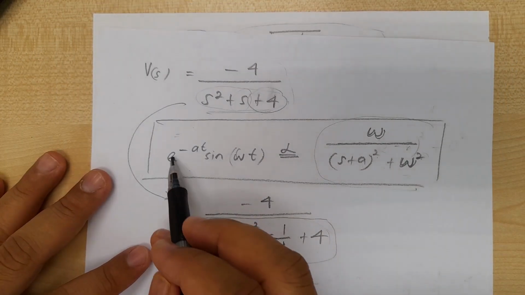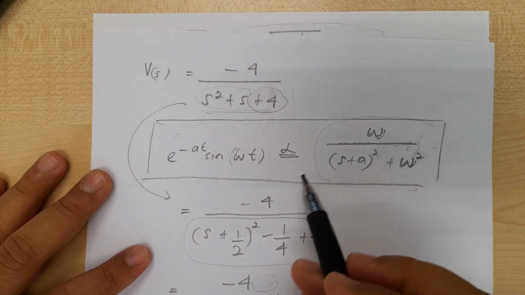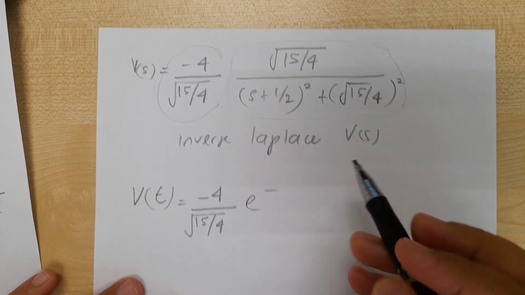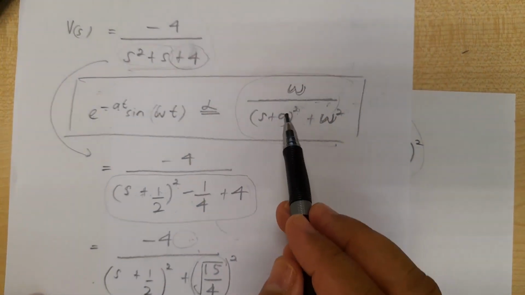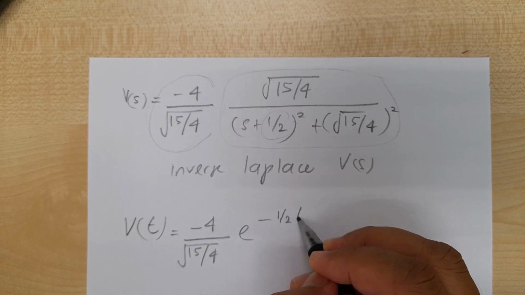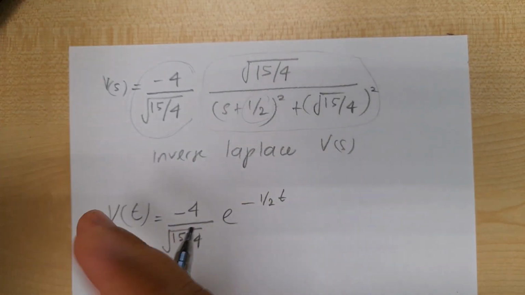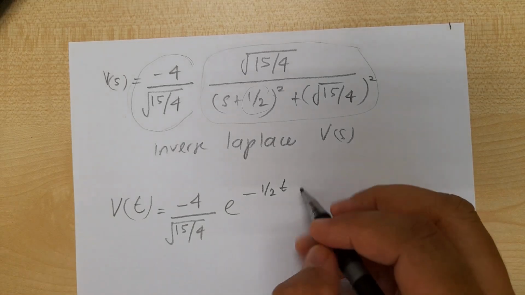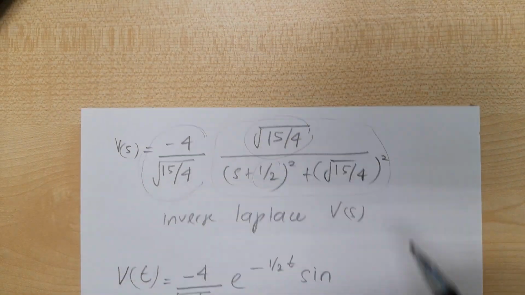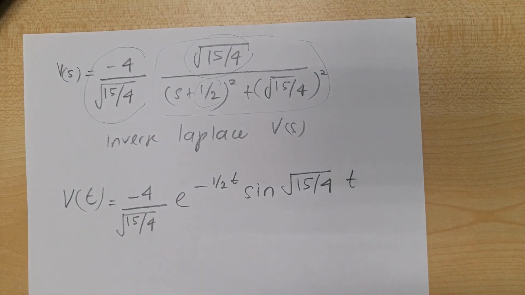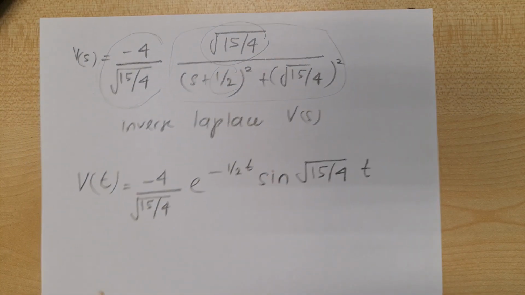That is exponential negative at, with a being 1 over 2, so exponential of negative 1 over 2 t, and then sine omega t, where omega is the square root of 15 over 4, times t.